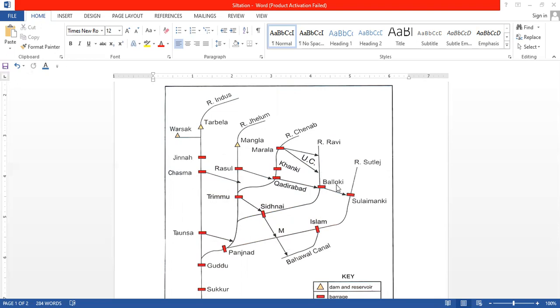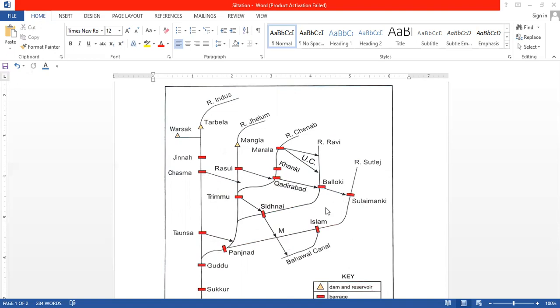We have two eastern rivers, Satluj and Ravi, and Chenab, Jhelum and Indus, the western rivers. Such canals have been taken out from the western rivers. Like the Chashma canal, which directly gets water from the river Indus and supplies it to river Jhelum. And from river Jhelum, canals have been taken out, namely Rasul Kadirabad, after that Kadirabad to Balloki and Balloki Suleimanki. So it's a system of link canals.